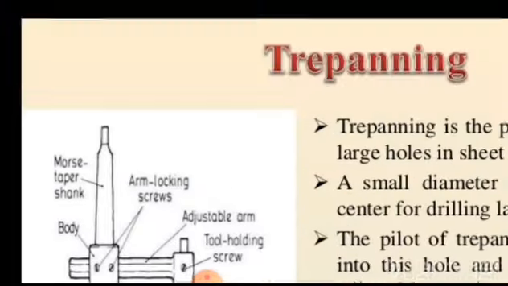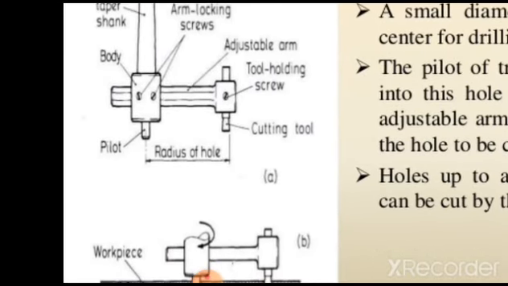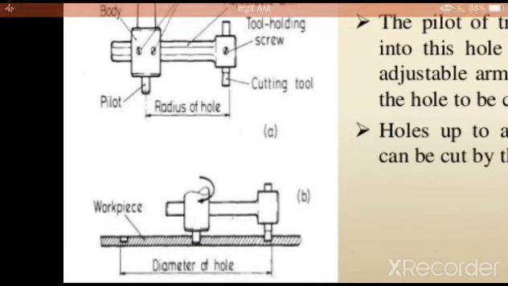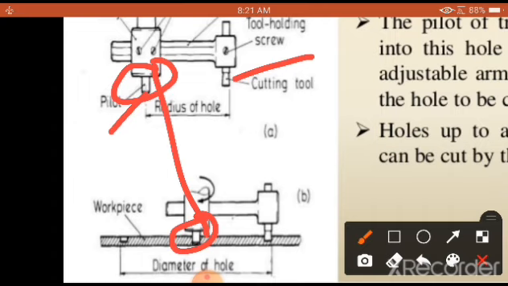As you can see clearly here, this is called the pilot and this is called the cutting tool. This will go into the same portion. First of all, the workpiece is drilled with a center hole.